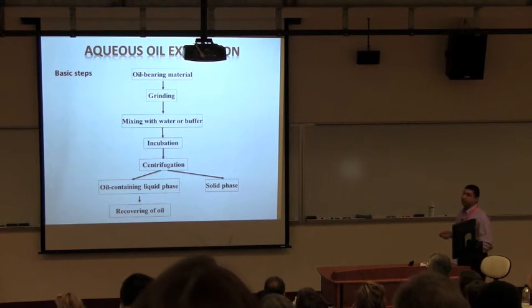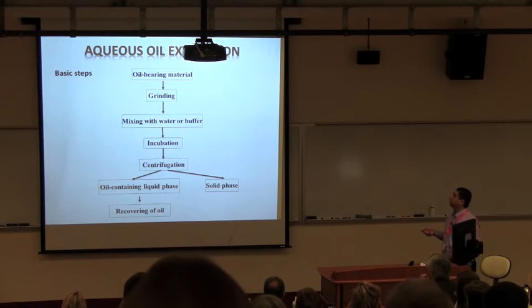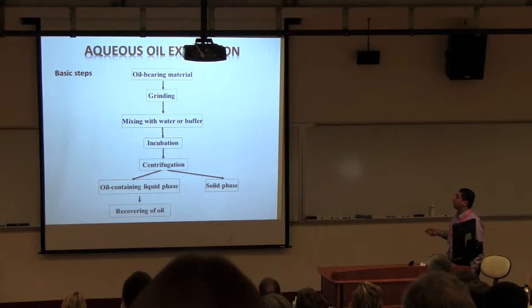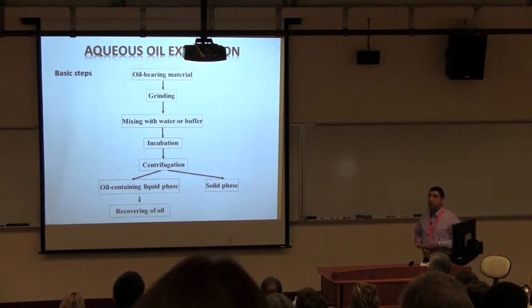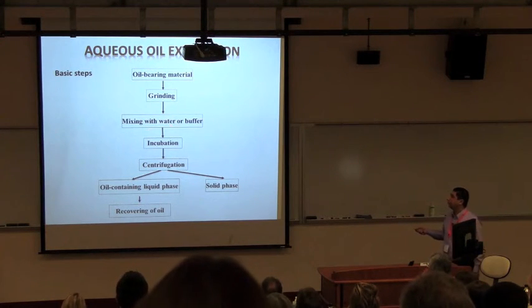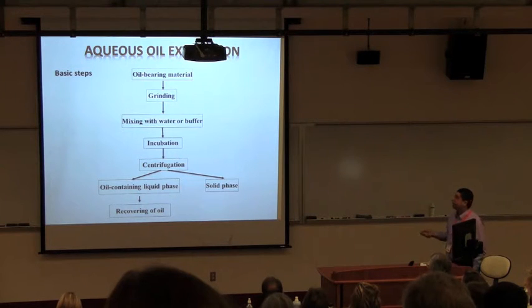Aqueous oil extraction is another environmentally benign extraction process. In this method, we start with the oil-bearing material, grinding it to reduce the particle size, and then the dried material is mixed with water or buffer. After that, we incubate it using a water bath shaker at a specific temperature and shaking speed.